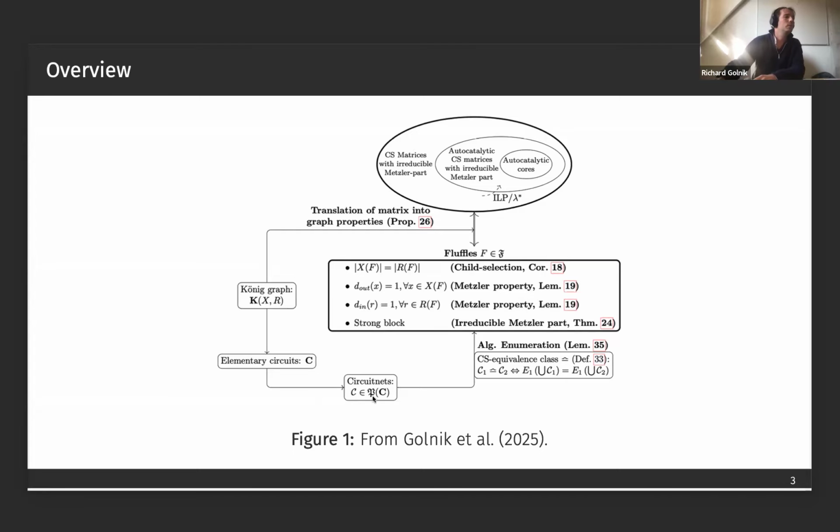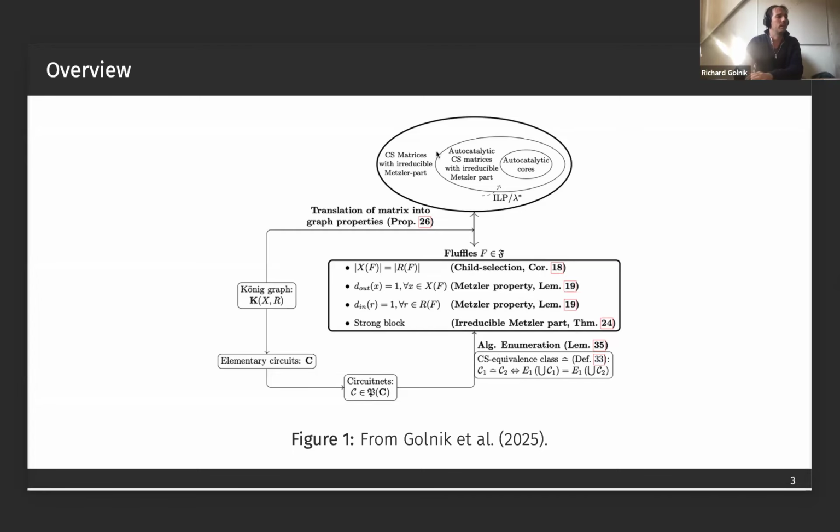Then we superimpose these elementary circuits in a suitable way by taking advantage of an equivalence relationship, which is defined on the reactant to reaction edges. In this way, by taking advantage of this equivalence relationship, we can dramatically lower the computational costs that we need in order to find all of these matrices.